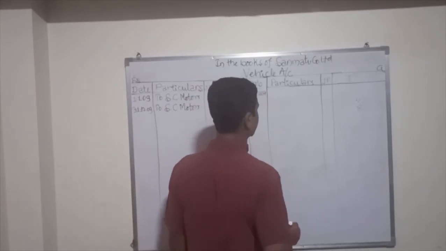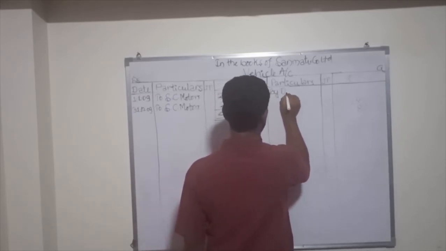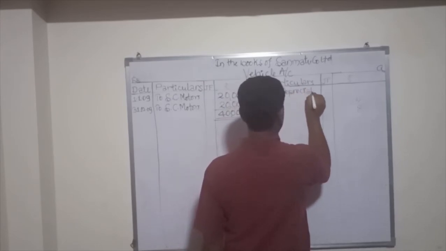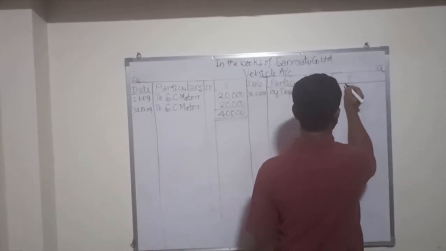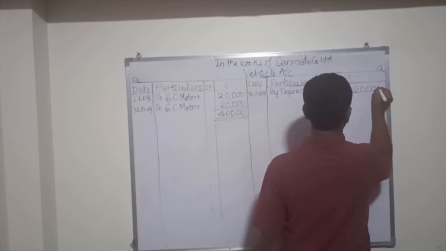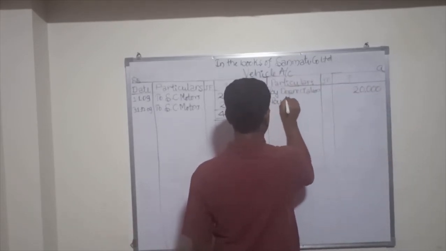So on 31st/12/2009, when the depreciation is allowed, depreciation account debit to vehicle account, so vehicle account is credited by depreciation. The first year depreciation we have calculated in the hire purchase chart as rupees 20,000. On the same day let's balance here, by balance carry down.